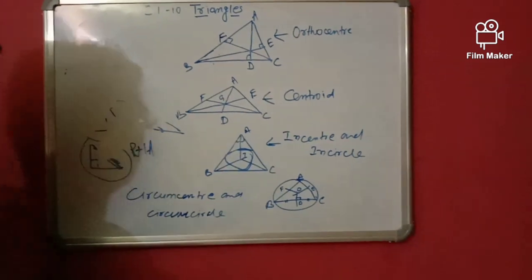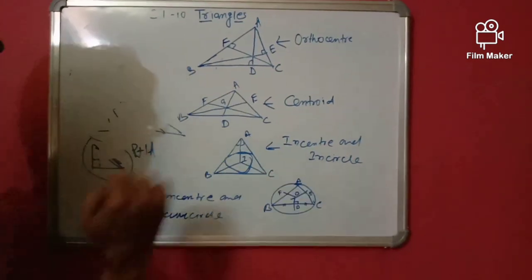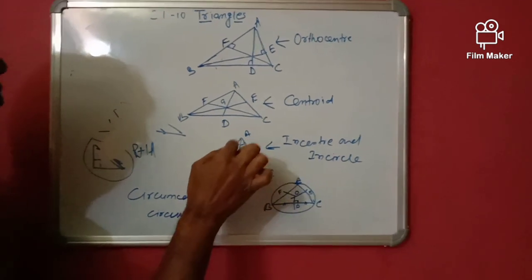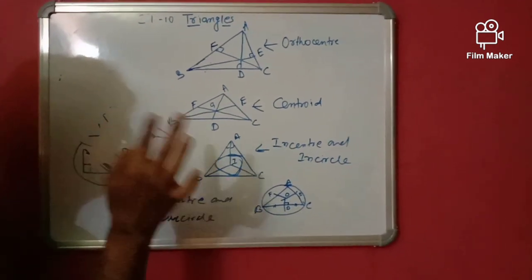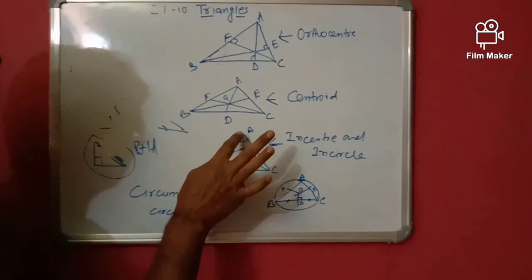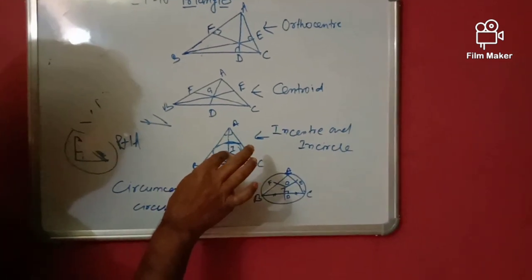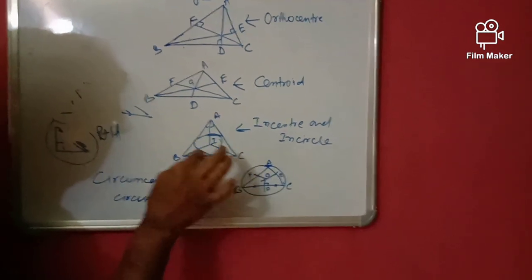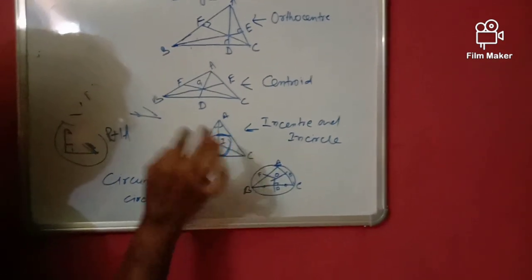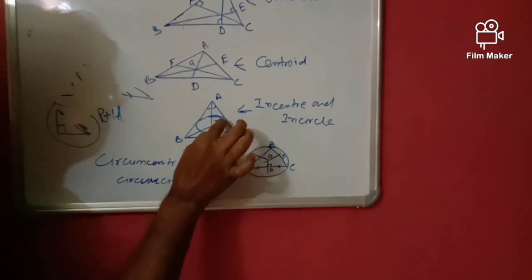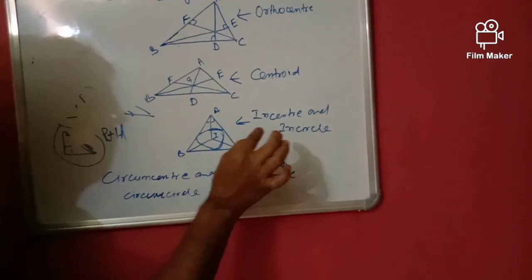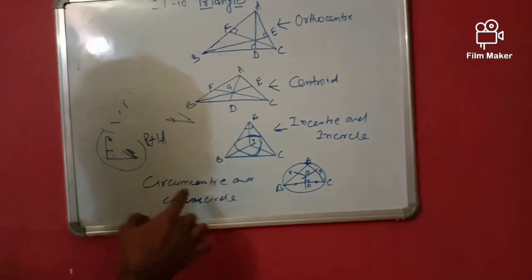Now, incenter and incircle. A line bisecting an angle of a triangle is called the bisector of the angle. A triangle has three internal bisectors of its angles. Moreover, the incenter is the center of a circle which touches all the sides of triangle ABC, and this is called the incircle.